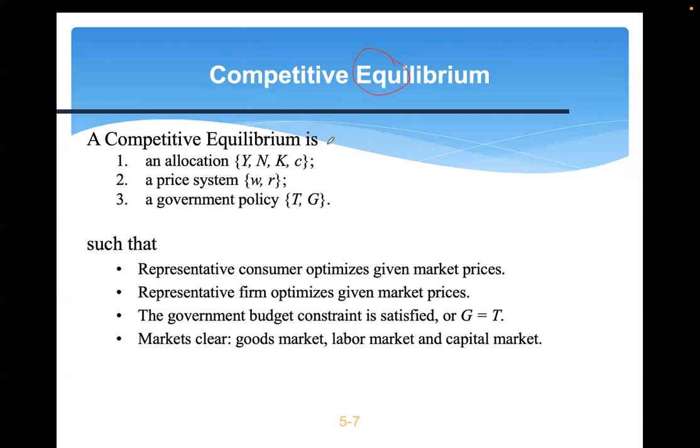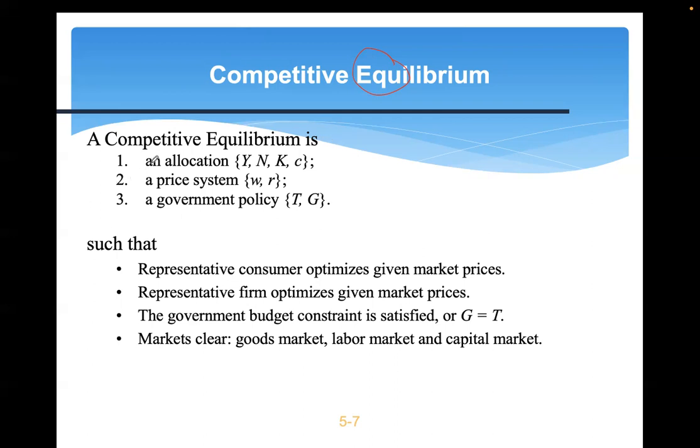So this is equilibrium. But what does competitive mean in this framework? Competitive means that either side, each individual, either the firm or the households, is so small that they cannot influence the price. So they must take prices as given. This is what competitive means.